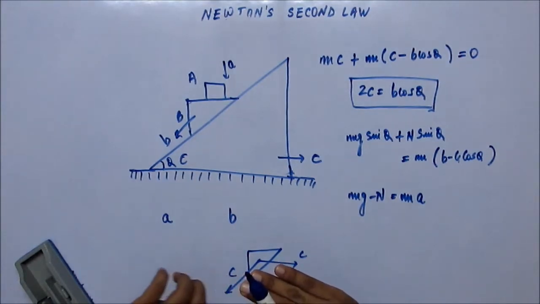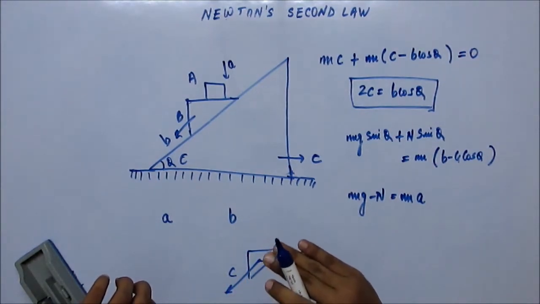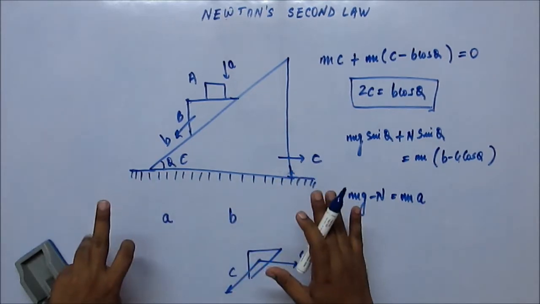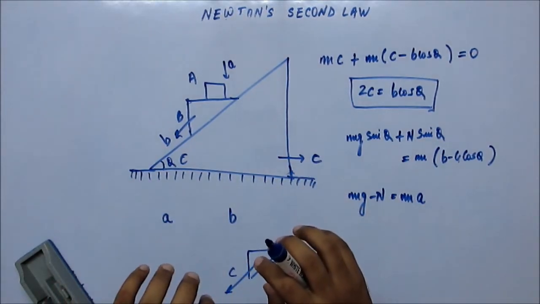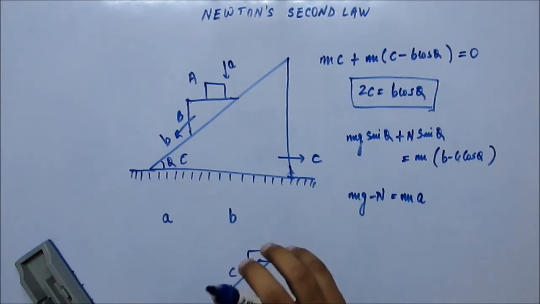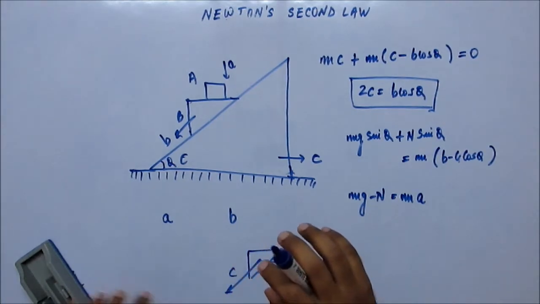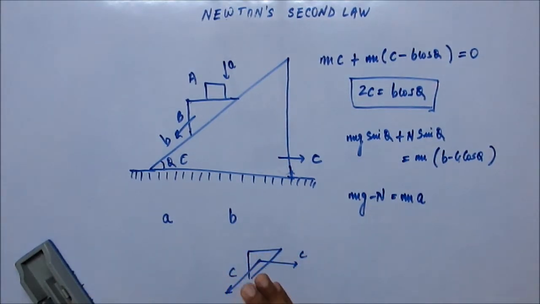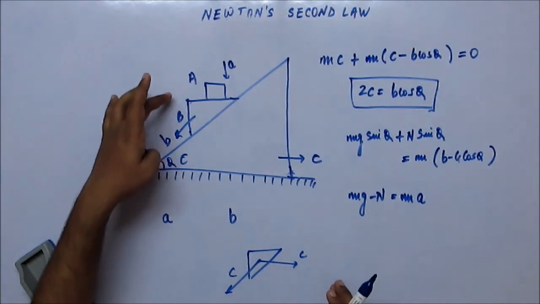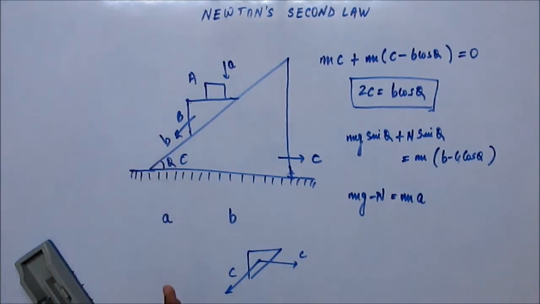B will slide towards the left as well. A is not going to do that because A doesn't have any force in the horizontal direction. But when B is sliding left and down, A is also going to come along with B because A will not lose contact with B. So whatever acceleration B has in the downward direction, A also has to have the same acceleration in the downward direction.